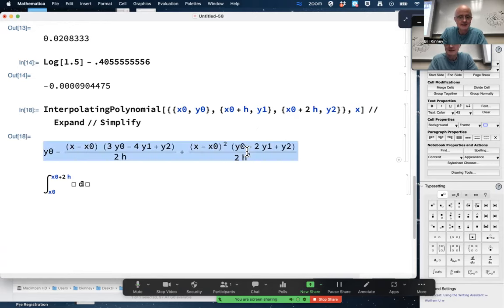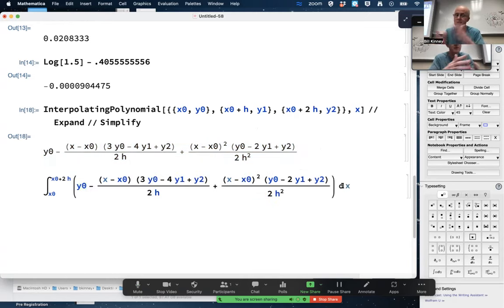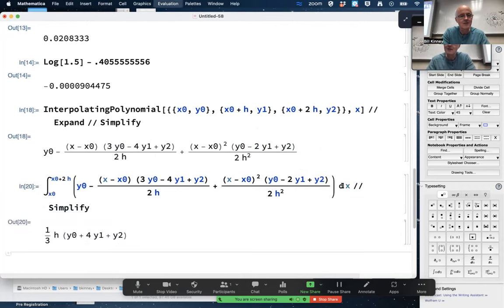Let's integrate this over the entire interval, which goes from x0 to x2, where x2 is x0 plus 2h. And lo and behold, look at that. H over 3 times y0 plus 4y1 plus y2. Same formula as in the book.